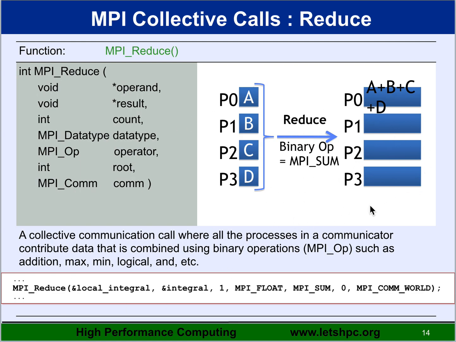This diagram we can understand through this particular call. You can see MPI underscore reduce, and you can see the 0. This is the root process, where the A is present, P0, and we have to mention that we want to do a sum reduction, so we are calling MPI underscore sum.